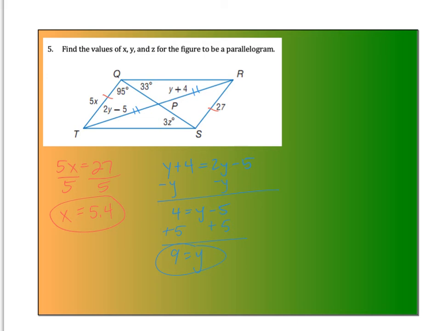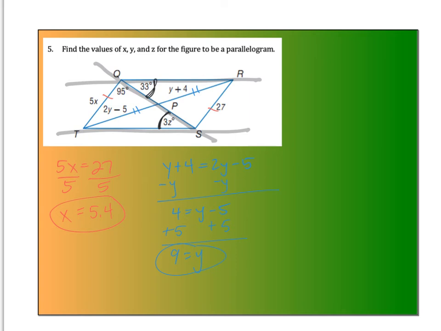And then last but not least, we have the z, and I think this is the hardest one to see. So the 33 and the 3z are equal to each other. And you might be like, why? Well, look at this line QR and this line TS. And then QS is the transversal. The 33 and the 3z are alternate interior angles.